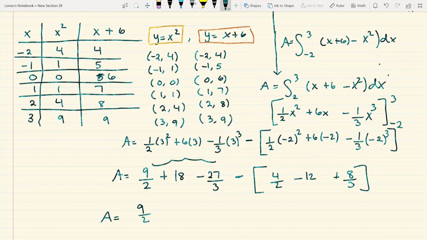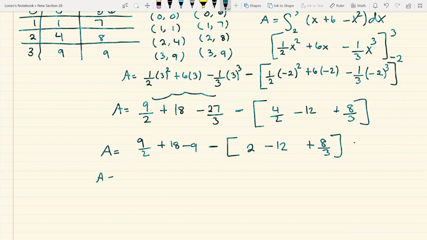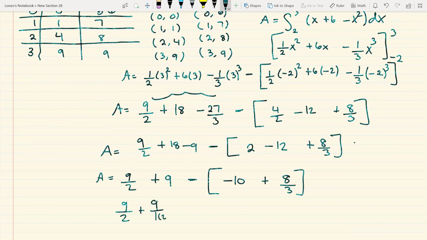Yes, -27/3 is -9, and 4 divided by 2 is 2. So this is 9/2, and 18 minus 9 is 9, minus 2 minus 12 is -10, plus 8/3.